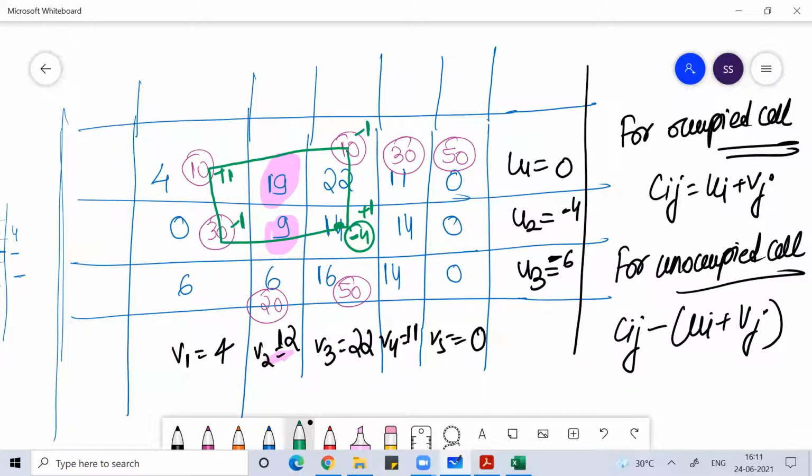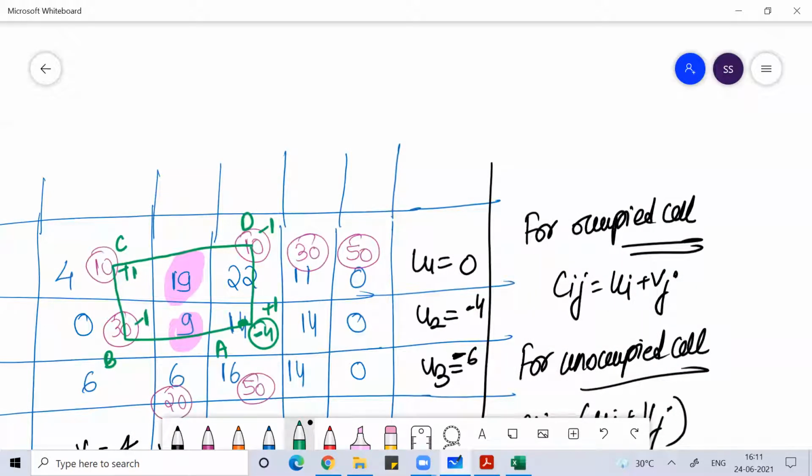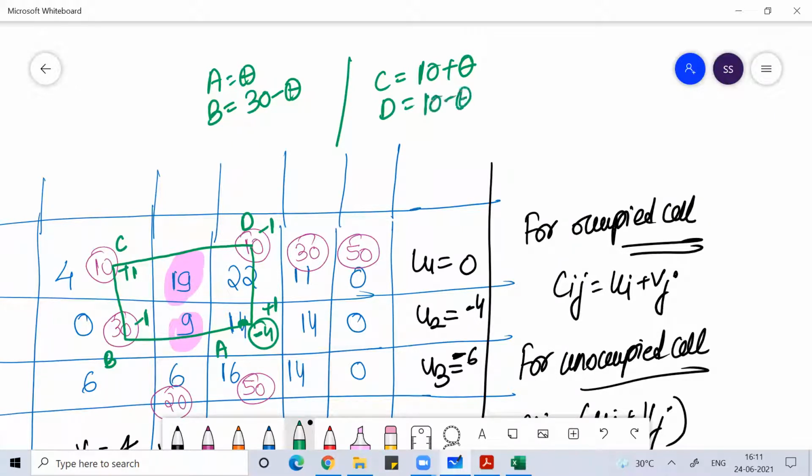If this is A, then this is B, this is C, this is D. A is your theta, B is the minus sign, so B would be 30 minus theta, then C is plus sign, that would be 10 plus theta, and D would be 10 minus theta.